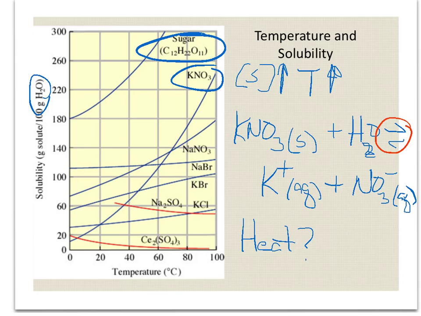Right? When you dissolve a salt in water, it's going to go back and forth between being in the solid phase or being in the aqueous phase, especially once it gets to a saturated solution. Some of the potassium is KNO3, some of the potassium is K+ aqueous. So we have an equilibrium going on in this system.